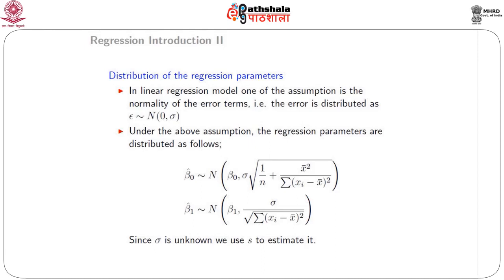Beta naught hat follows a normal distribution with mean beta naught and standard deviation sigma times square root of 1 divided by n plus x bar square over summation xi minus x bar whole square, and beta 1 hat, which is the slope parameter, is normally distributed with mean beta 1 and standard deviation sigma divided by square root of sum of xi minus x bar whole square.